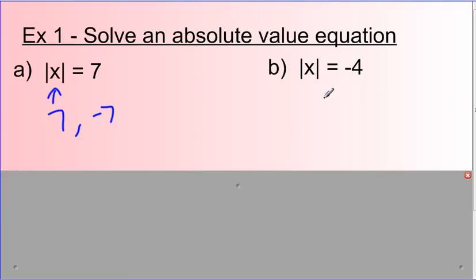You're right, this has no solution. Absolute values cannot equal a negative. It cannot be done. It is impossible. Absolute value is a distance. You never measure distances in negatives, and it always makes a number positive. Whatever definition you want to use, it cannot be done.